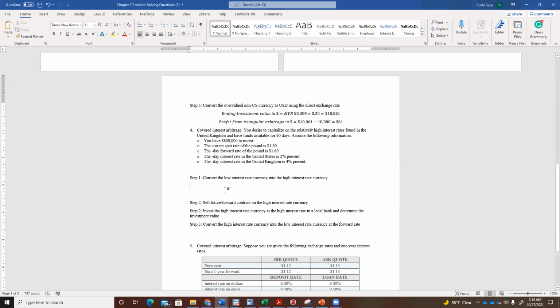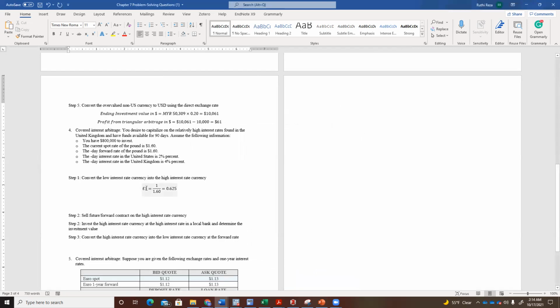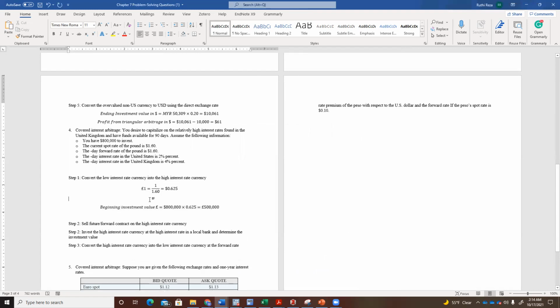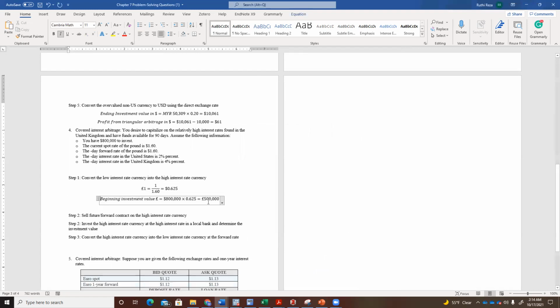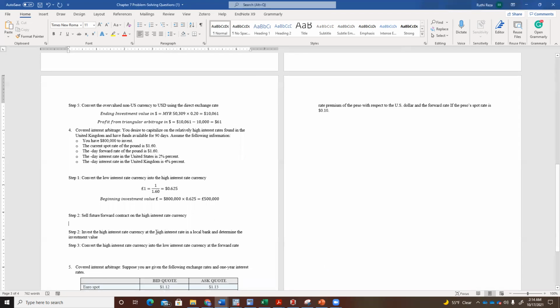So using the exchange rate, each pound is equivalent to $0.625, right? So our beginning investment value in pound is now equivalent to 500,000 pounds.